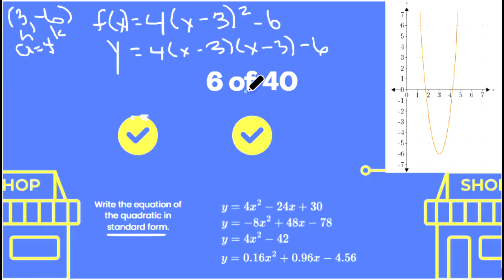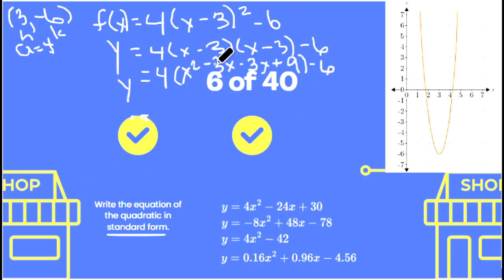PEMDAS says we need to do the parentheses first, so y equals 4 times, we have x times x, which becomes x squared. And then we have x times -3, so that becomes -3x. Then we have -3 times x, which becomes -3x. And then we have -3 times -3, which becomes +9. And we can close that parenthesis and throw on our -6.